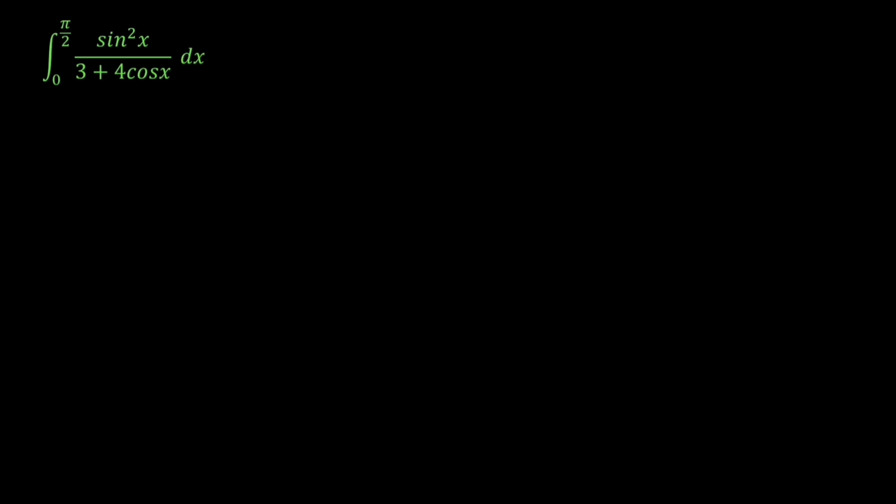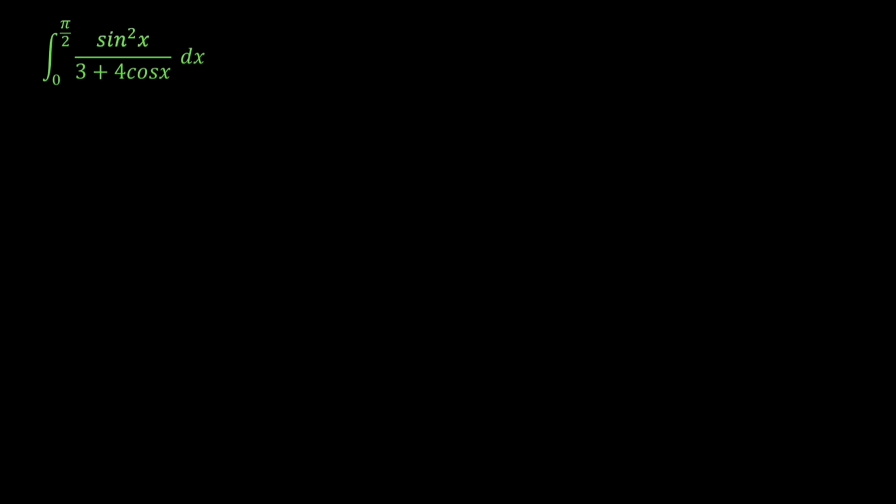If we can express the numerator in terms of the denominator, then we can divide the numerator terms separately, and after that we can consider the integral sign separately. To simplify the constant over 3 plus 4 cos x part, we can use the standard substitution u equals tan x over 2. Clear? Let's jump into the question.